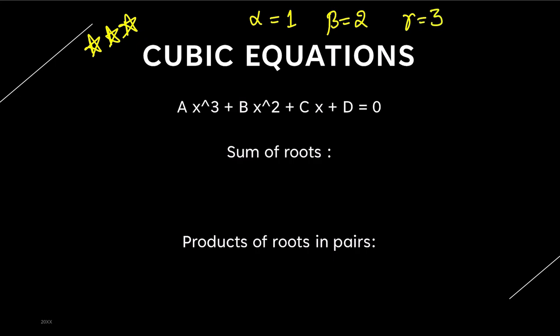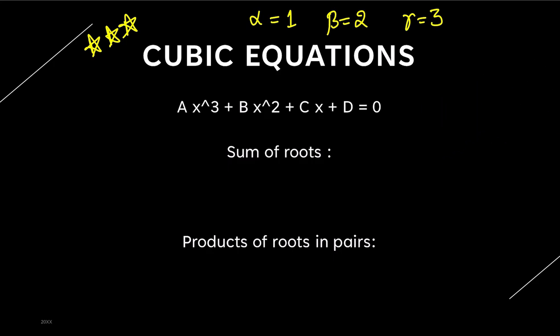Or they can give you the sum of the roots, product of the roots or some such thing, and ask you what is the cubic equation, right? Means, how did we do? We were given a cubic equation and we were finding roots. Now the roots are given to you. You have to find the cubic equation. How will we do it?